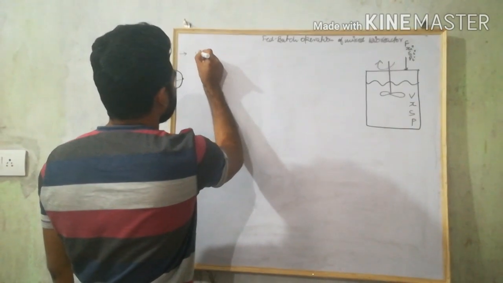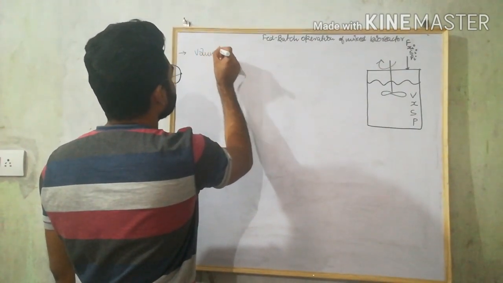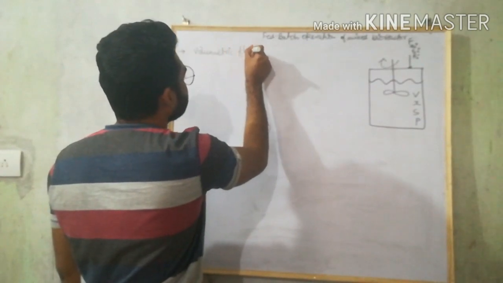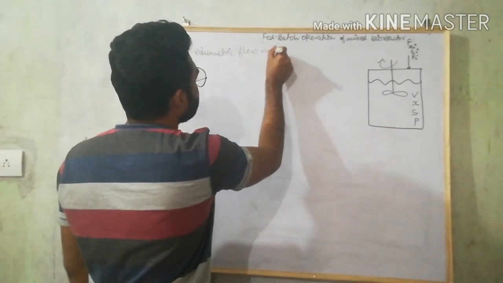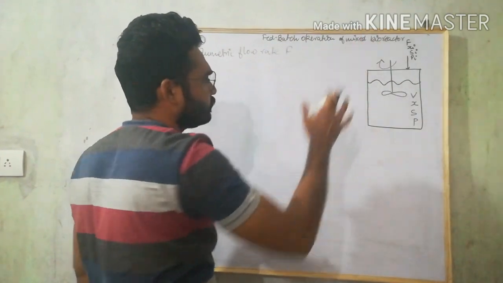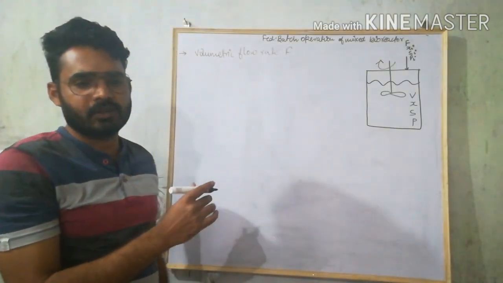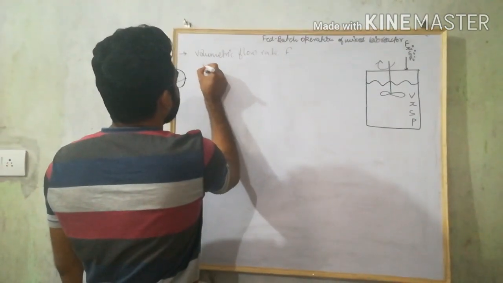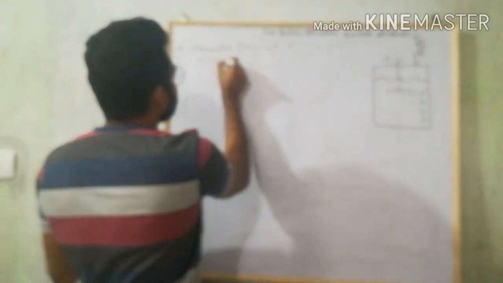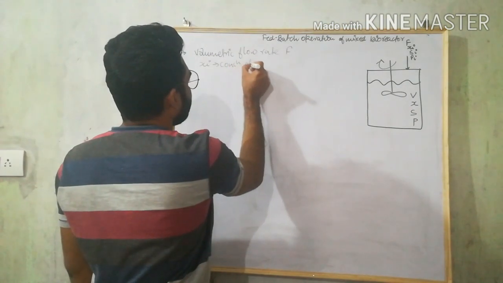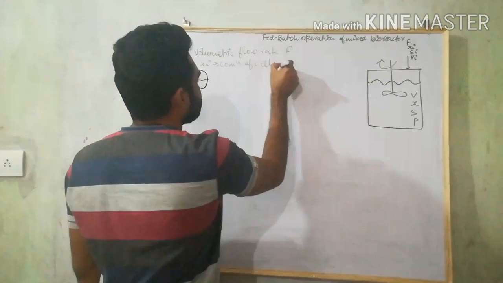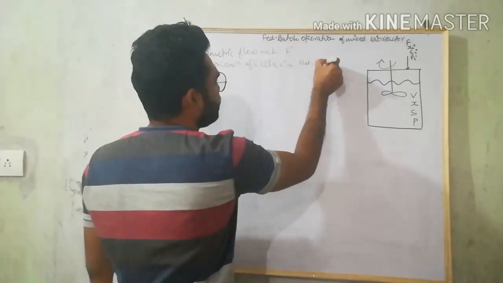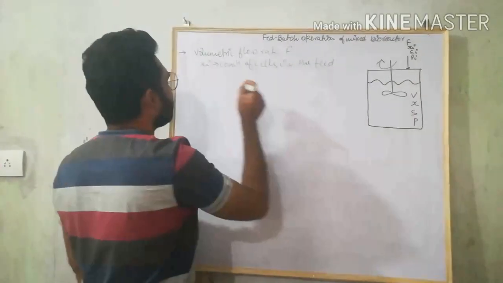The volumetric flow rate, F. We can see that, right? And Xi is the concentration of cells in the feed which is coming in.